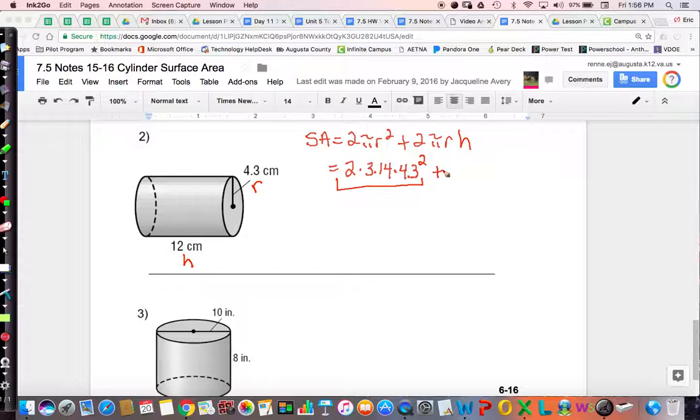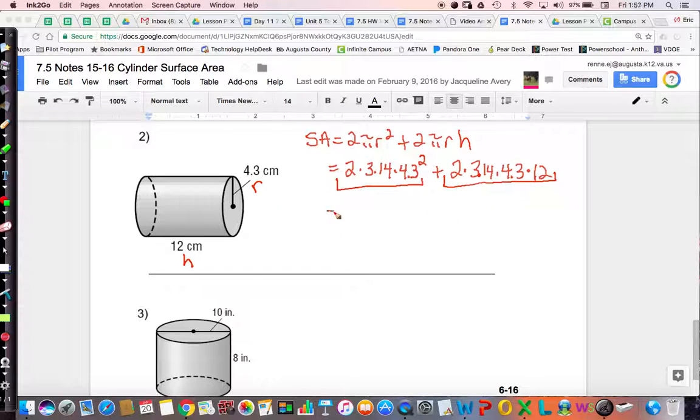I see plus 2 times 3.14 times 4.3 times 12, which is the height. And I'm going to bracket it in. Now be careful here, because if we're using dots for multiplication, make sure it's in the middle, and make sure if you're using a decimal that it's really close to the bottom of the number.